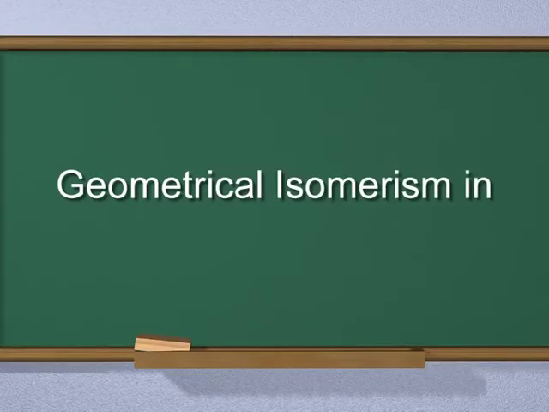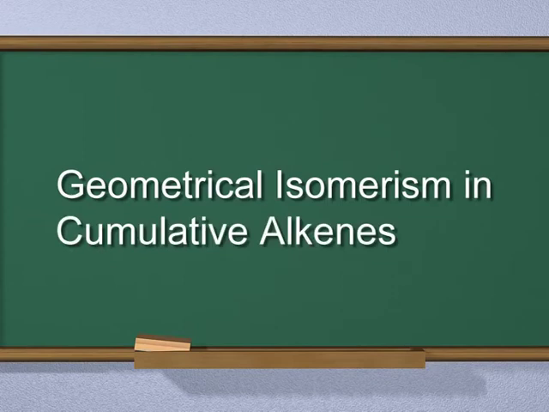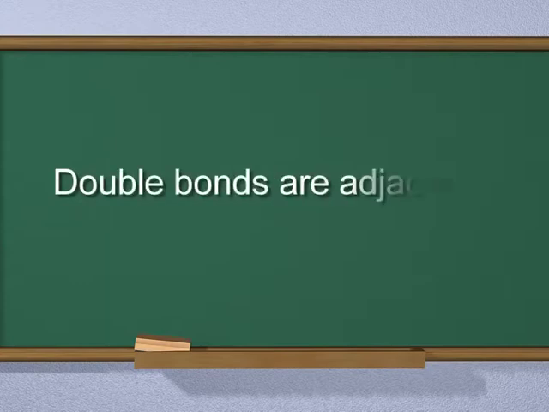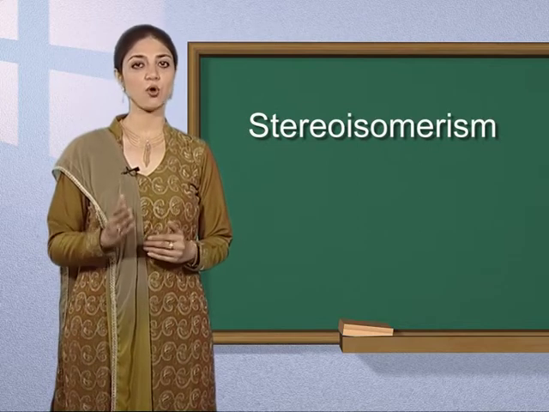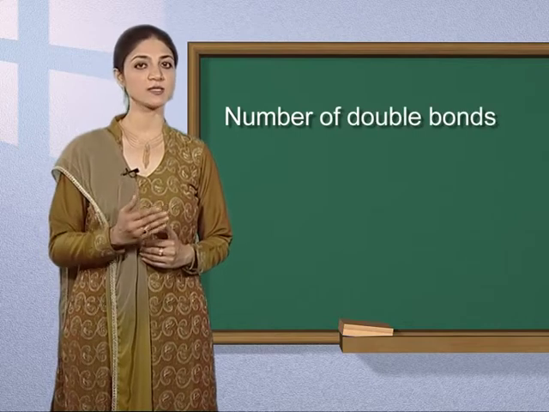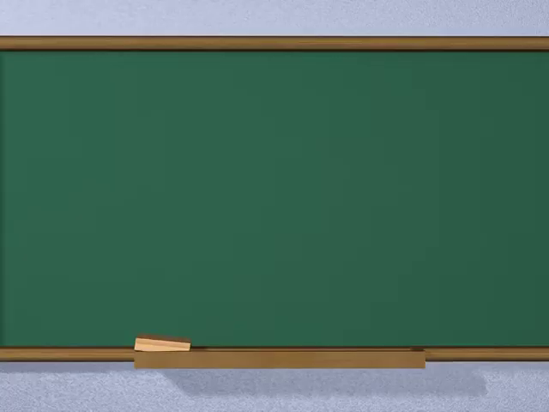Let us now learn about geometrical isomerism in cumulative alkenes, that is, such compounds in which double bonds are adjacently placed. These compounds can be planar as well as non-planar depending upon the number of double bonds present in a molecule.